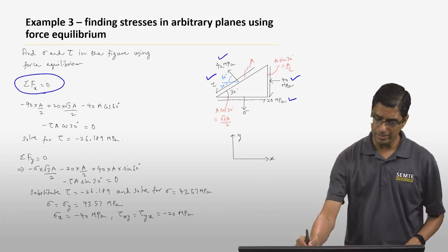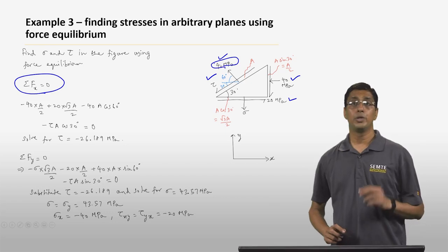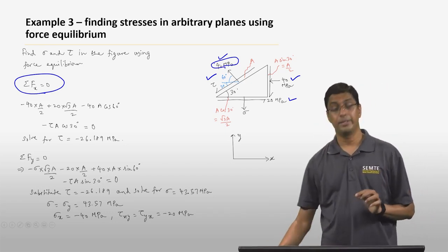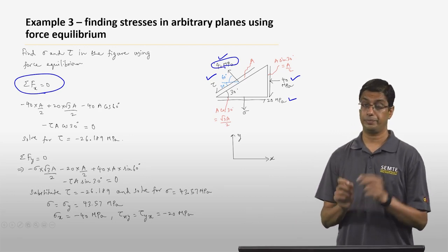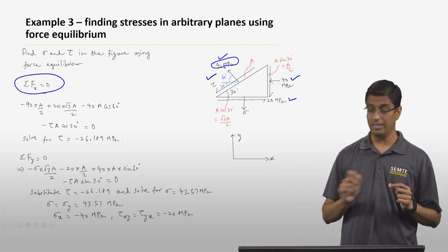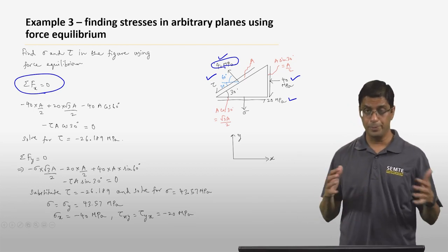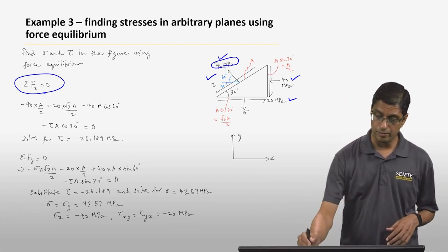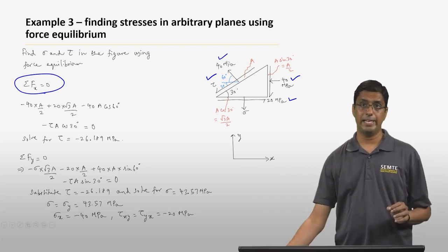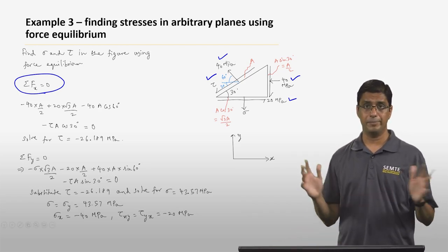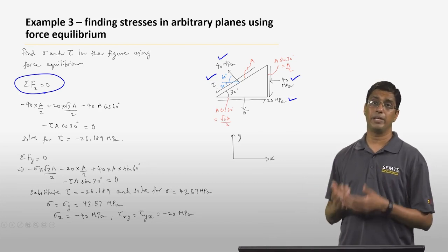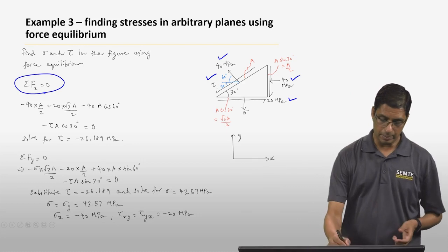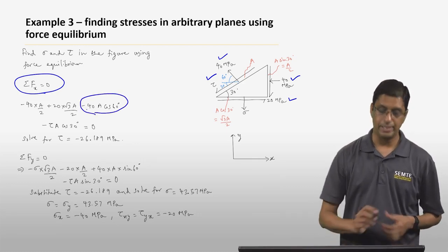If you look at this stress, 40 MPa, you have to figure out what is the component of that force along the x direction. This comes from pure geometry, trigonometry. So this stress is 40 MPa. You multiply by the area over which it is acting, which is A, so 40 times A, and you look at the component of that force along the x direction, and that turns out to be minus 40 A cosine 60.